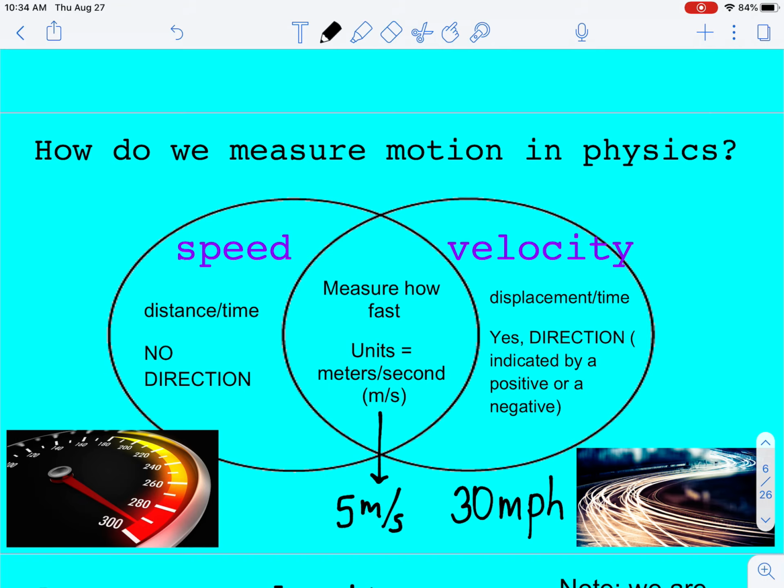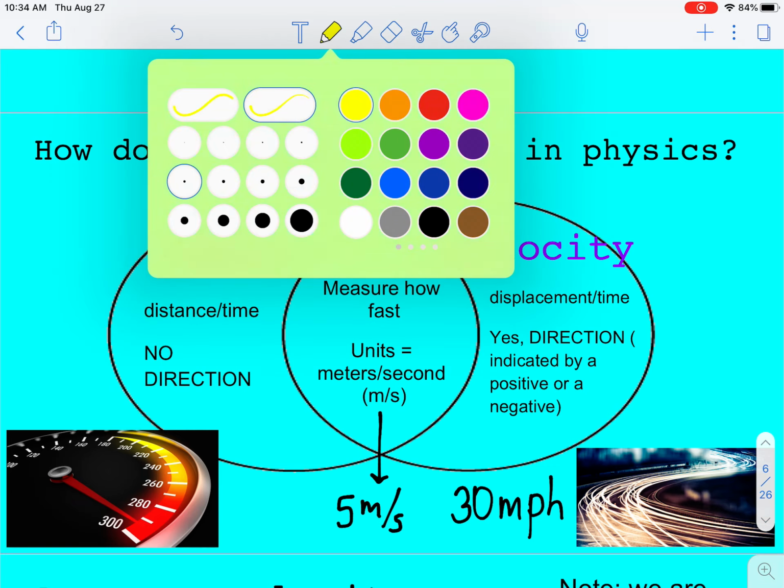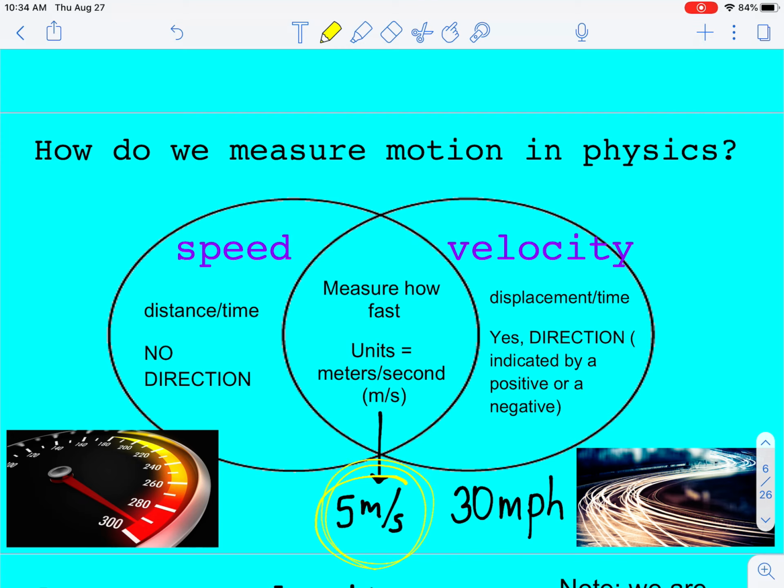Standard-wise, though, an M is usually going to mean meters. Sometimes, because Americans do things in the non-metric system, we're talking about miles. But 99% of the time in physics, we want to stay in meters per second.